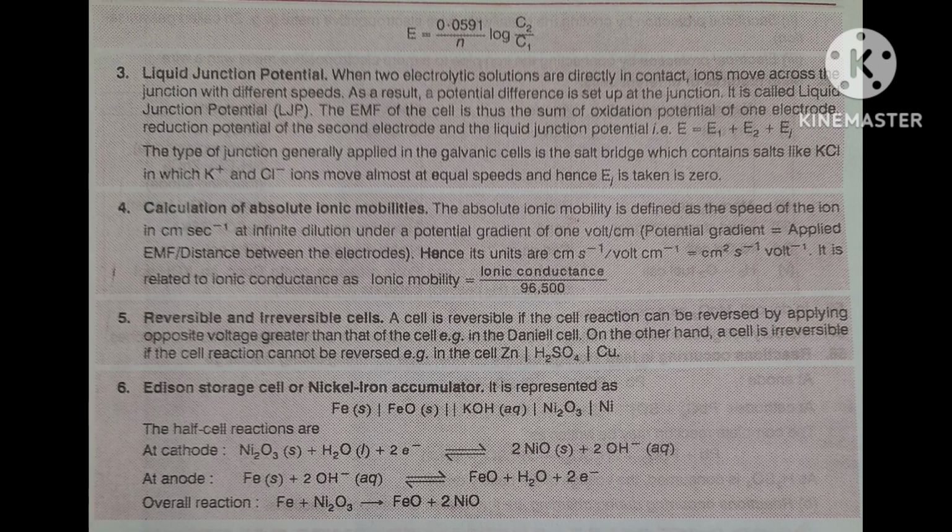When you apply a potential gradient, it means how much potential per centimeter, volt per centimeter, that is, how many volts are there in each centimeter. That is actually called the potential gradient.